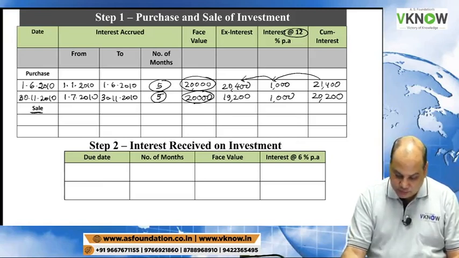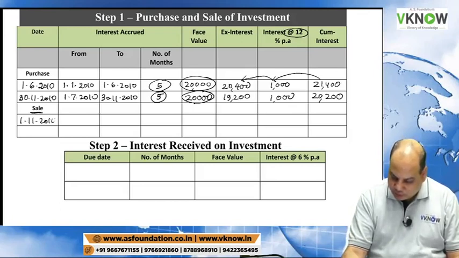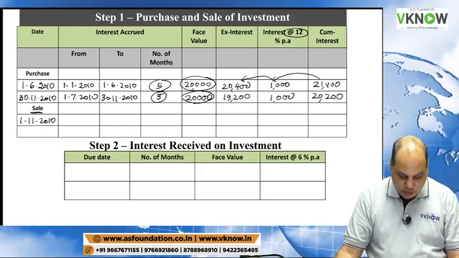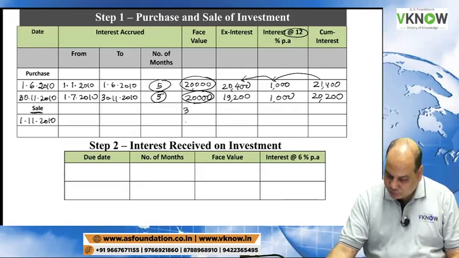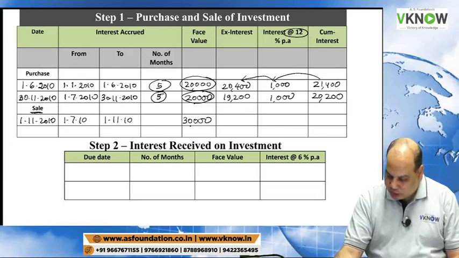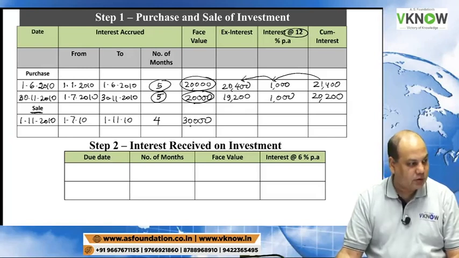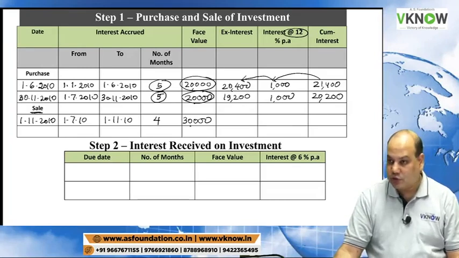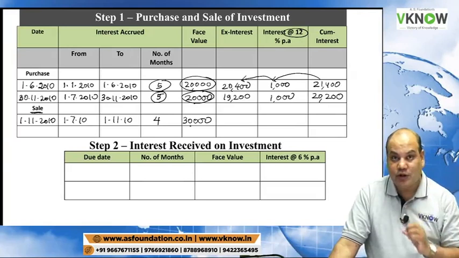Okay, come to sale. In question third line, on 1st November 2010, 300 debentures were sold. 300 means 30,000 rupees is the face value. Interest will accrue from 1/7/10 to 1/11/10, and that is 4 months. Sakshi is right. Jatin is right.